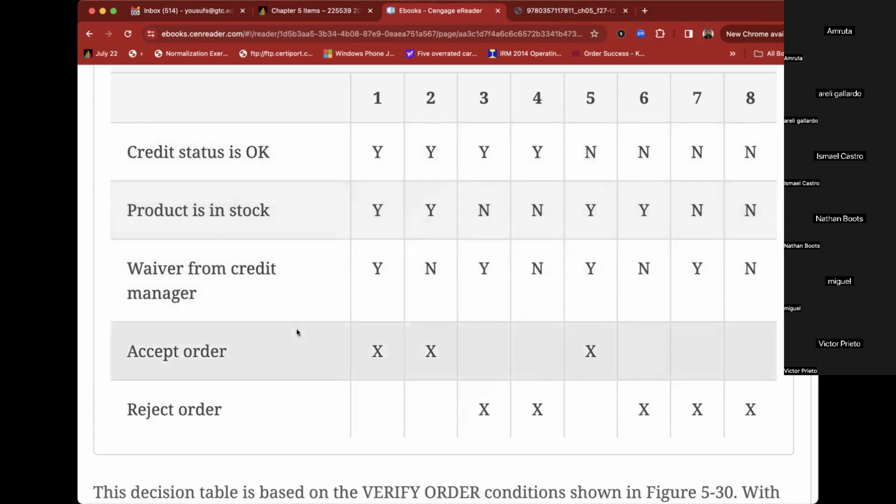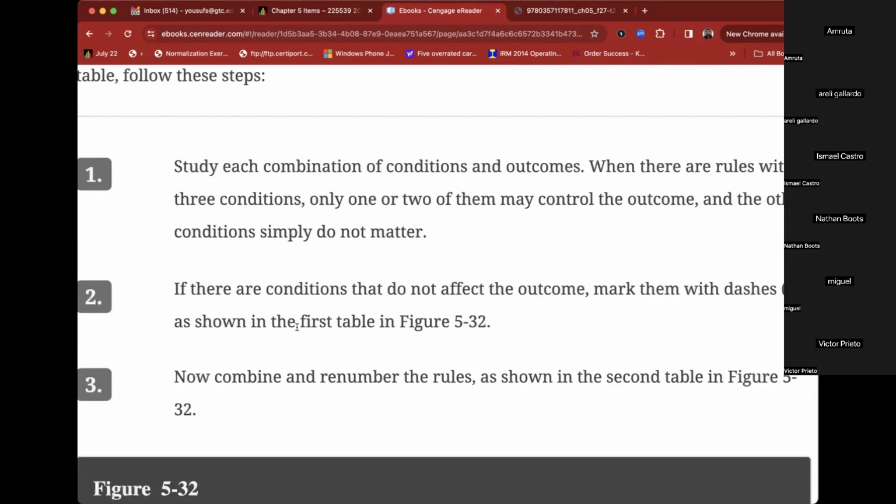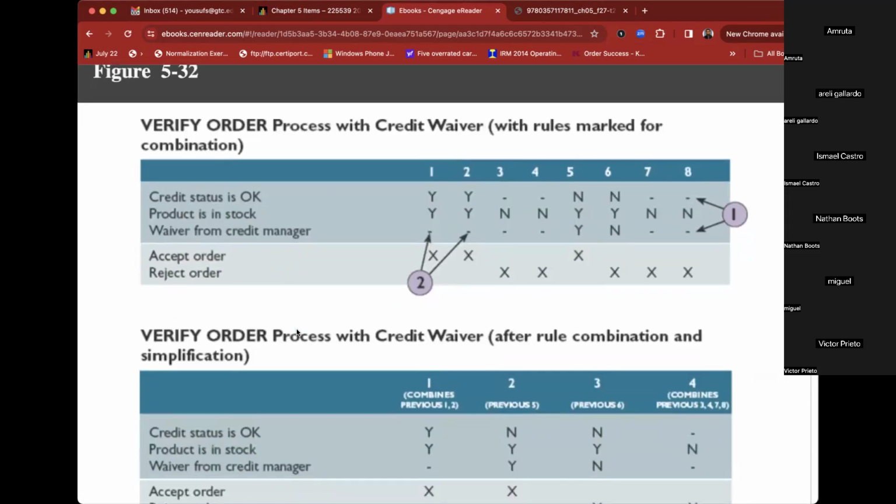Okay, now let's go to the next step. In the next step, we will put dashes where it doesn't matter. The things that don't matter, we'll put dashes there. Means if the item is in stock and the credit is okay, manager willing to sign, not willing to sign, meaningless.